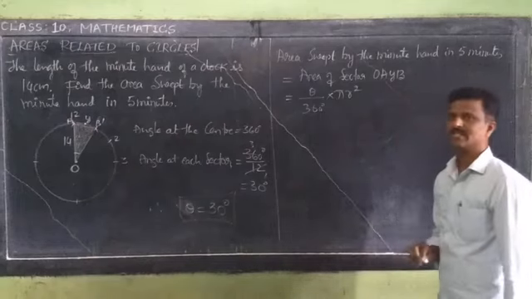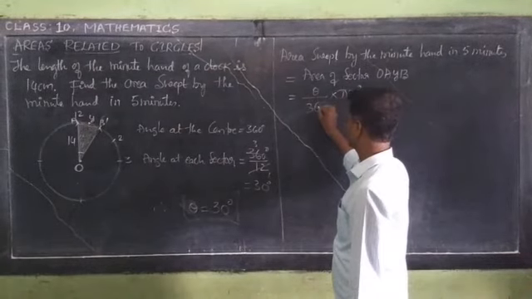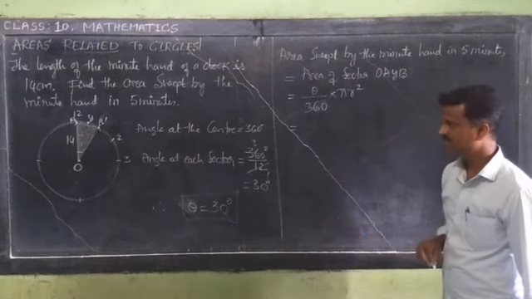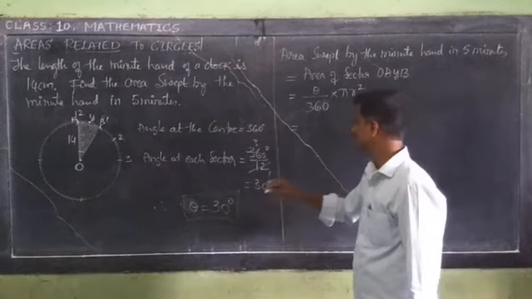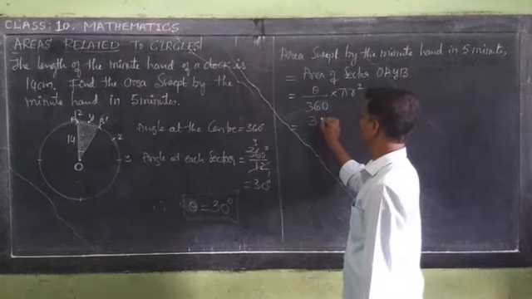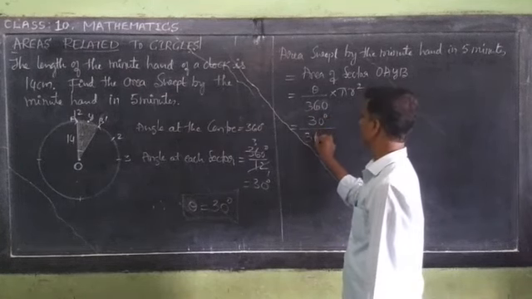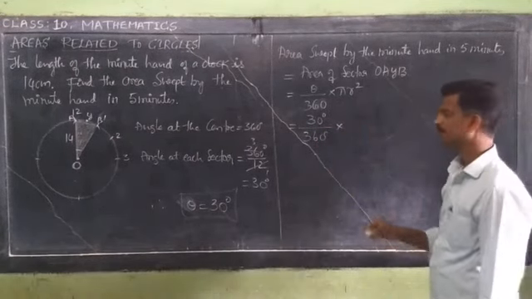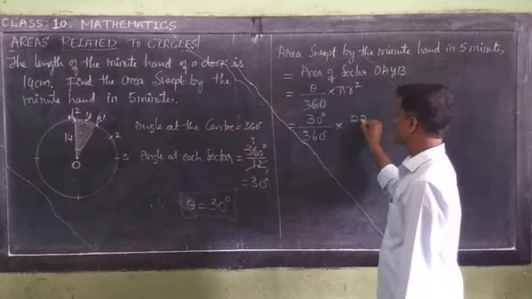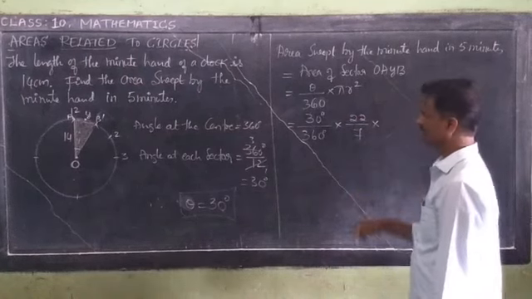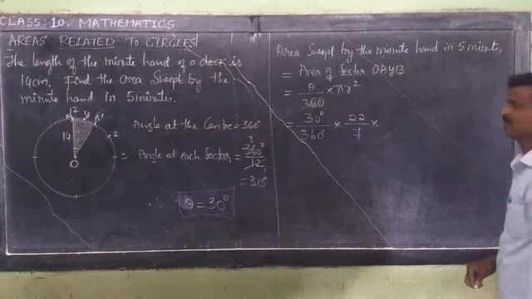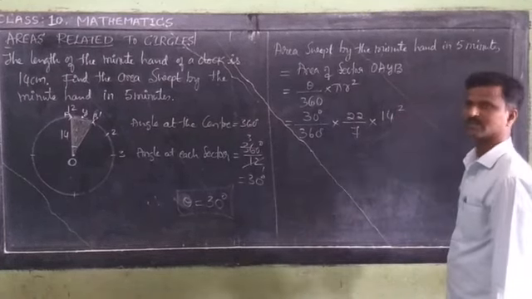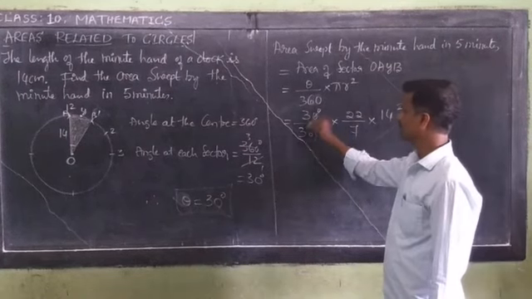Theta is 30 degree, so we write 30 divided by 360 into pi r square. The value of pi can be taken as 22 by 7, and the radius is 14 centimeter, so 14 square.